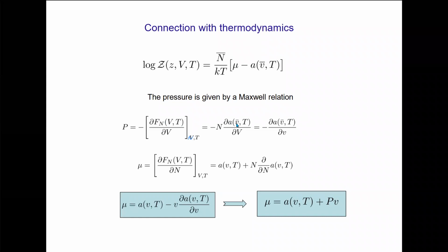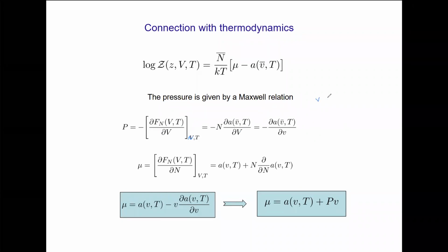And if we substitute for the free energy the expression as N times the free energy per particle, a of the volume per particle over T, it becomes minus N d over dv. Okay, but remember that this average volume is the capital volume V over capital N. So let me write it again.